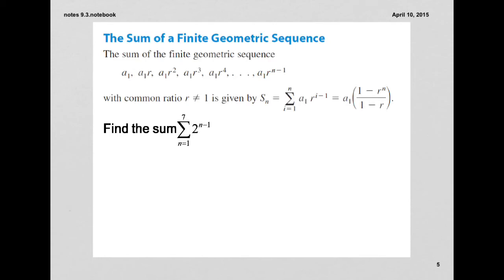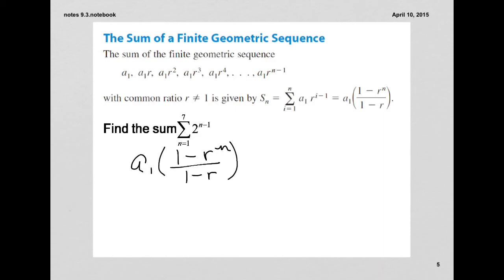Okay, now we're ready to do our example. We've got our formula, and all we need to do is plug into our formula. So we've got a sub 1 times 1 minus r to the n over 1 minus r.